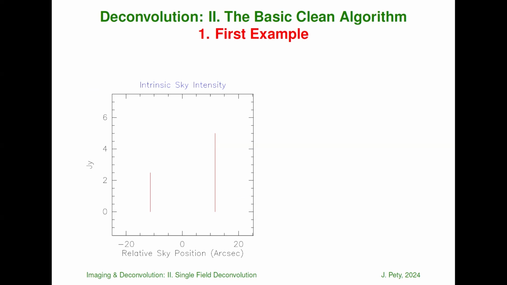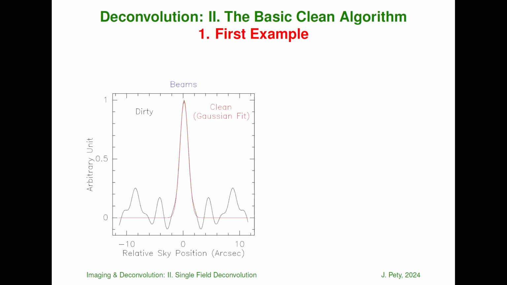Now, that's not what we observe with an interferometer. What we observe is the convolution of this by the dirty beam. Let's take a typical dirty beam, this one, in one dimension. That's the black curve, and you see that you have the main lobe and some side lobes.